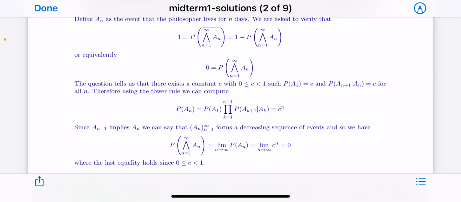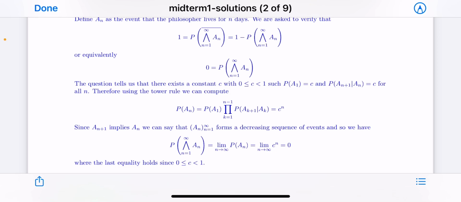Okay, so if you have any number between 0 and 1, then as n goes to infinity, its powers approach 0. So we can see that the probability of the infinite conjunction of the An is 0, as we were asked to find.